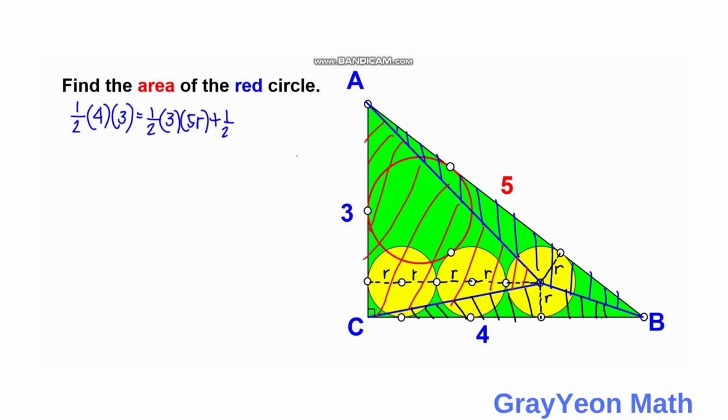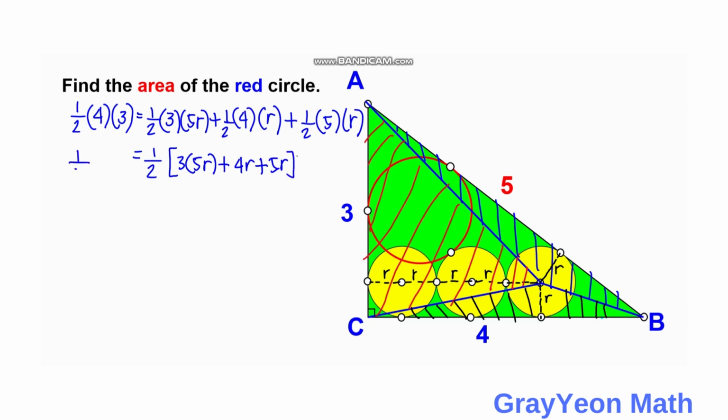For the black shaded we have 1/2 times 4 times r, and for the blue shaded we have 1/2 times 5 times r. We can factor out this 1/2 on the right hand side: 1/2 times 3 times 5r plus 4r plus 5r.